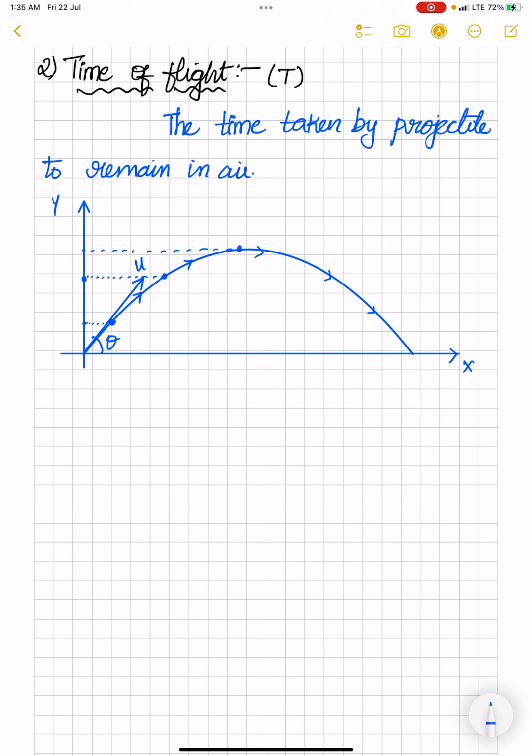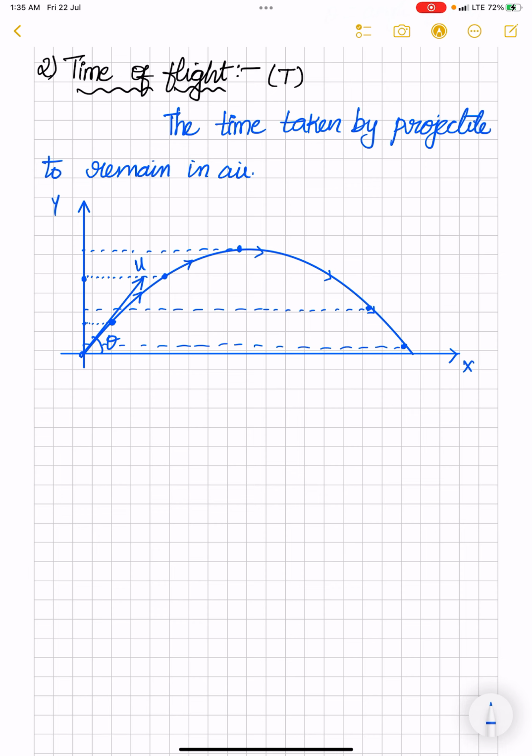And again when it is coming down, the position of this particle on the y-axis is now decreasing. At this point it is coming back again almost to the origin, right?